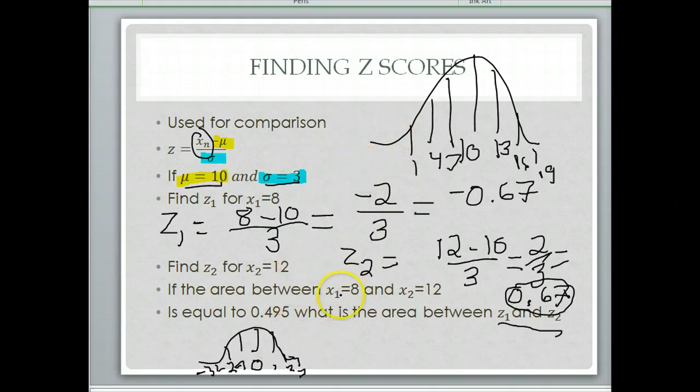If you know the area between your specific normal curve for the specific case, the standard normal curve is the same. We haven't changed anything in terms of what the curve looks like. We're just changing the scale on the bottom. So it's almost a trick question. The area between the two z's is the same as the area between the two x's.